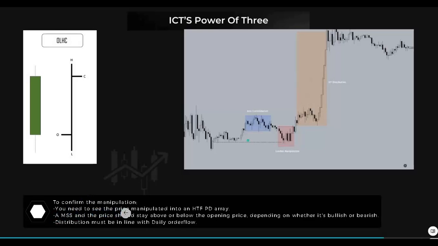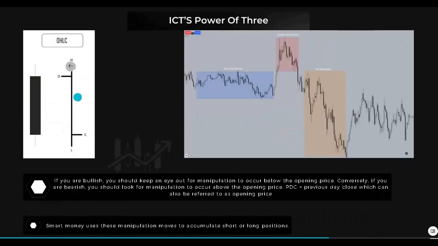So you need to see the price manipulated into a higher time frame PD array, a market structure shift, and the price should stay above or below the opening price, depending on whether it's bullish or bearish. In a bearish setting, you would look to buy while price is within the higher wick, which is the manipulation.